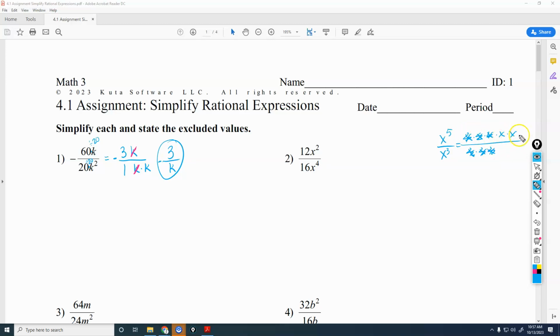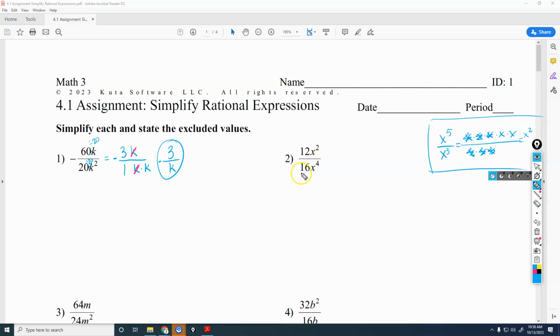You got k squared. Would it go on the top of the fraction or the bottom? Top, because you got more left over. So what you're really doing is you're just subtracting those exponents, right? 5 minus 3 is 2, and you're going to put it wherever the bigger exponent is, because that's where the leftover k's are going to be, right? So that would be k squared. That's a side note. It's not any of these problems right here.